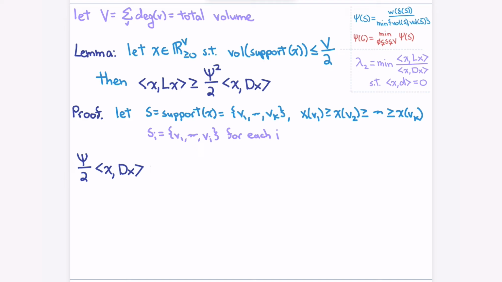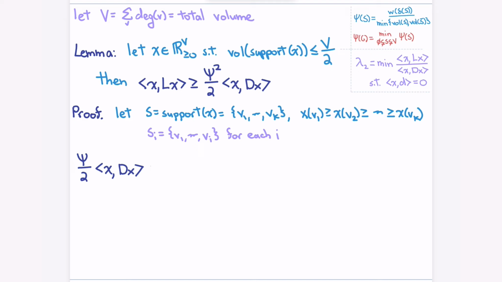But suppose X was non-negative, then the claim is that X L X is at least phi squared over 2 times X D X. Phi is the conductance of the whole graph.